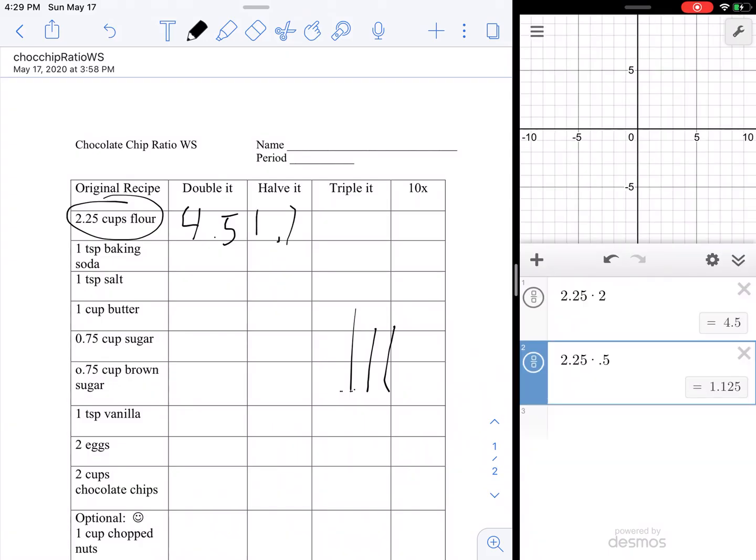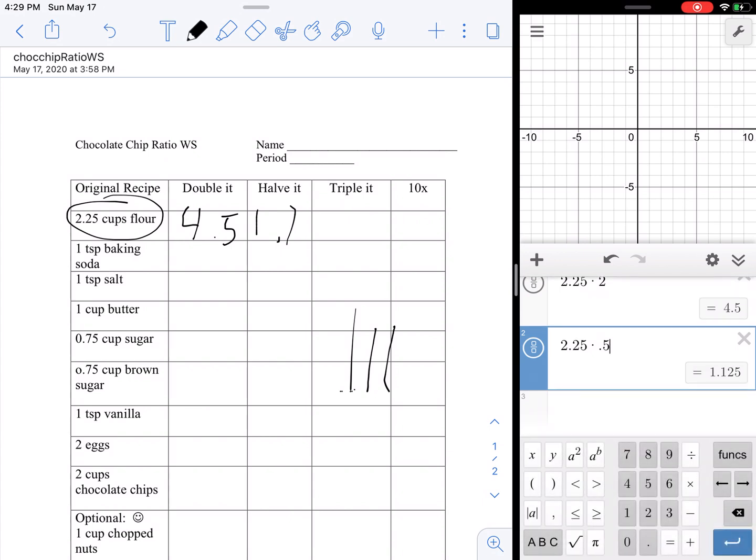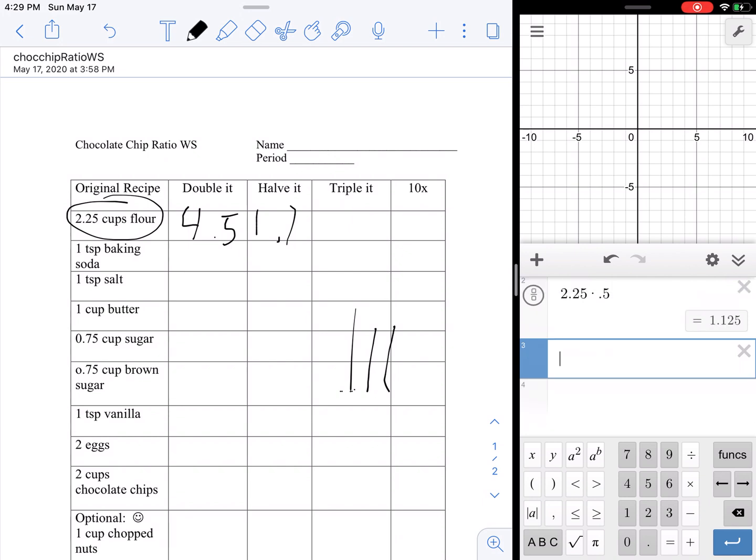Okay, if we wanted to triple the recipe, we would take the amount of flour, 2.25, and multiply it by 3 to triple it, and it gives us 6.75. Let's just round it off to 6.8.